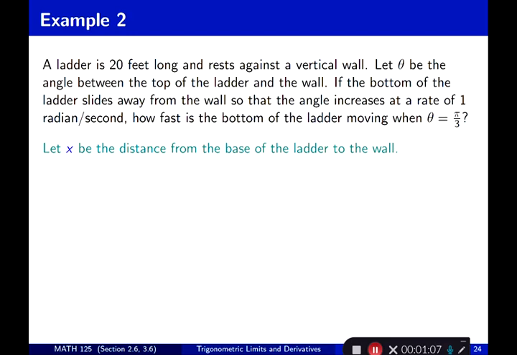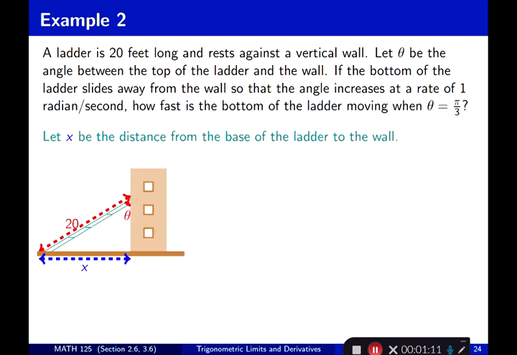Let x be the distance from the base of the ladder to the wall. And this is what's happening. The ladder is 20 feet long, and the angle it's making with the wall is theta.